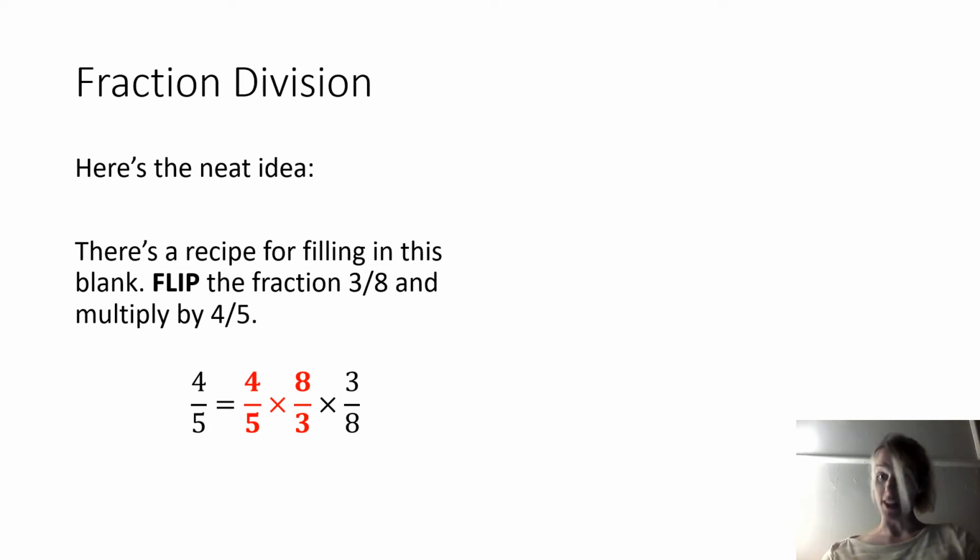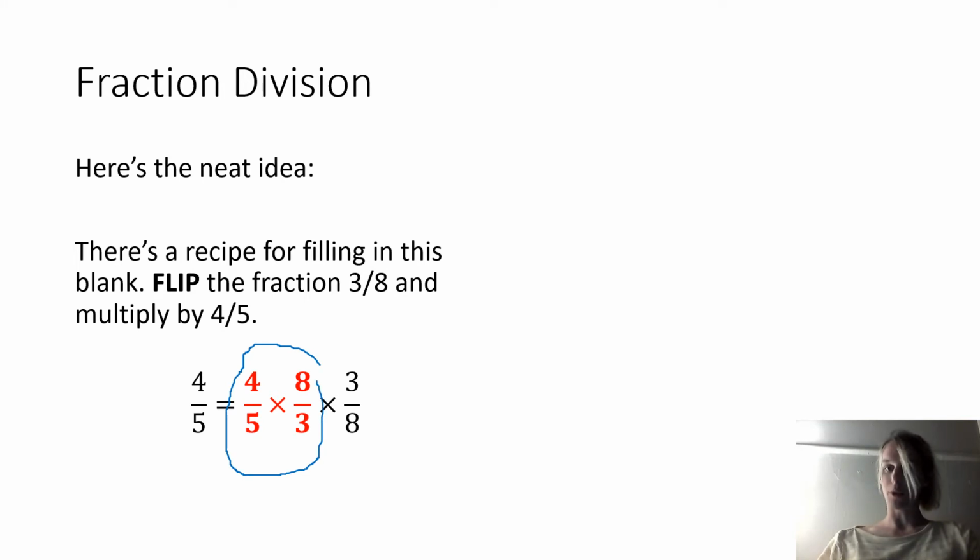Well, there's actually a recipe for doing this. The quotient is the number that fills in the blank, and I drew that quotient in red. So the quotient 4/5 divided by 3/8 is equal to this red number. What I'm telling you is there's a recipe for filling in the blank. In other words, there's a recipe for figuring out the quotient of two fractions.